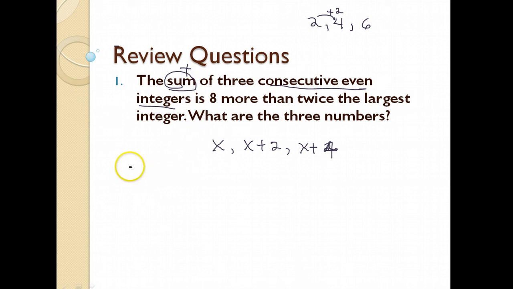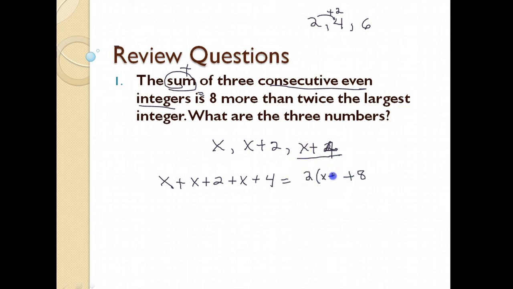So the sum of those things, x plus x plus 2 plus x plus 4, is, means equal, 8 more than twice the largest integer. So here's my largest integer, x plus 4.